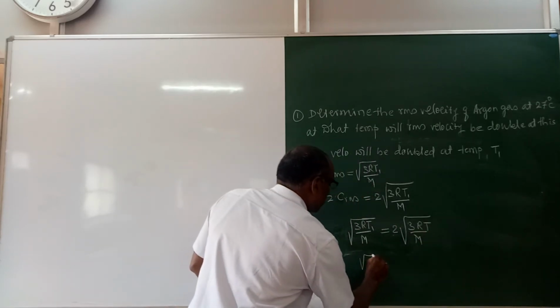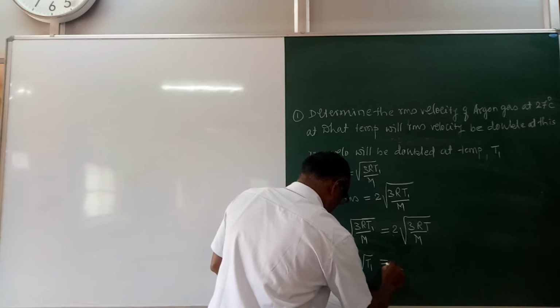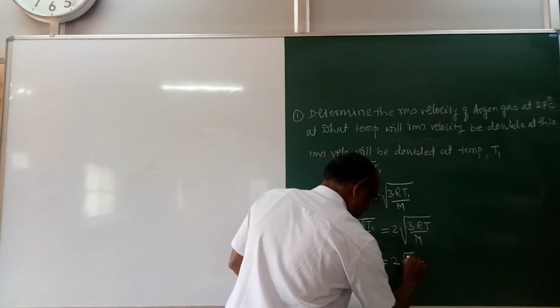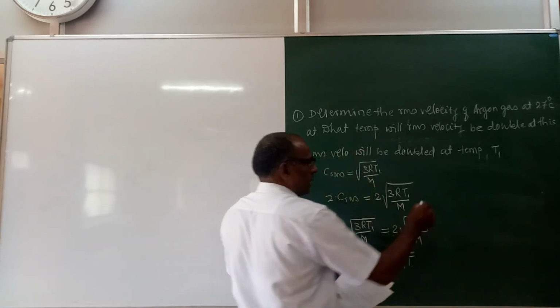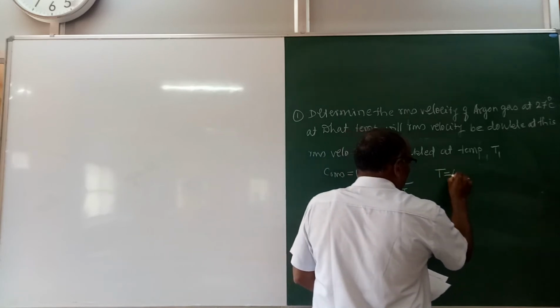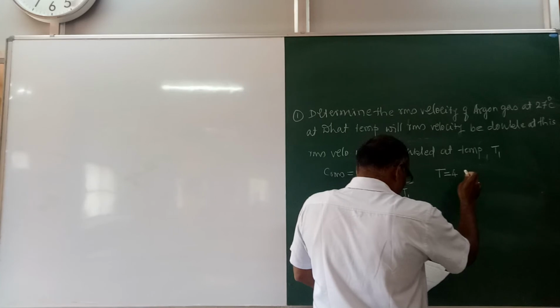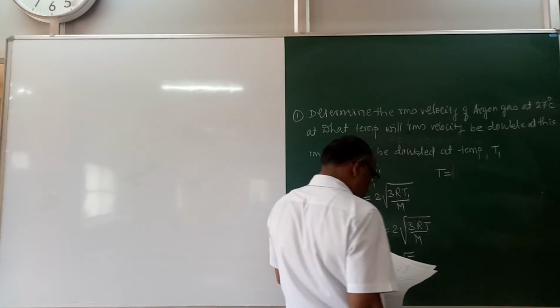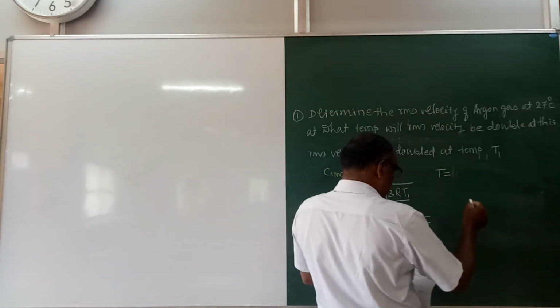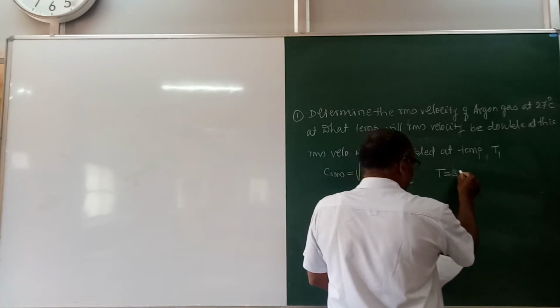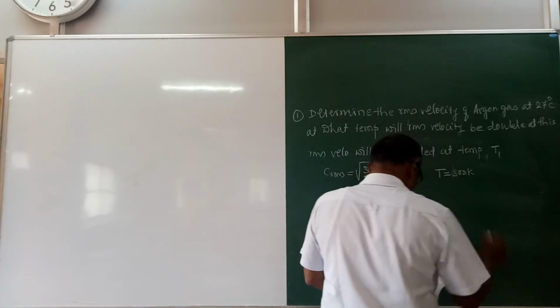So square root of T1 is equal to 2 times square root of T. T we have calculated, T is equal to 300 Kelvin.